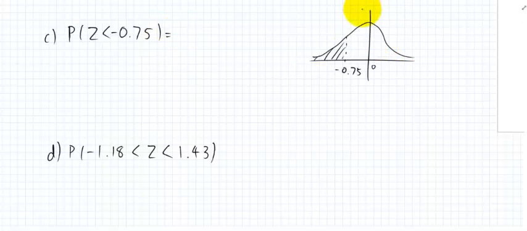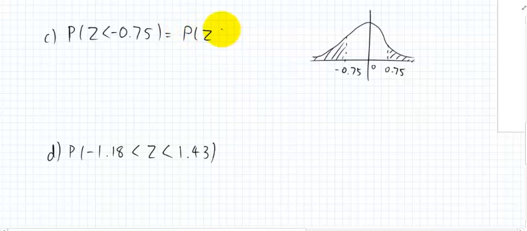Let's first use the symmetry to reflect the area. Remember, these two areas are equal due to symmetry. So this is equal to the probability of z being bigger than plus 0.75. Now this is still not in a less than positive form, so we're going to have to use that 1 minus method, 1 minus the probability of z being less than 0.75.